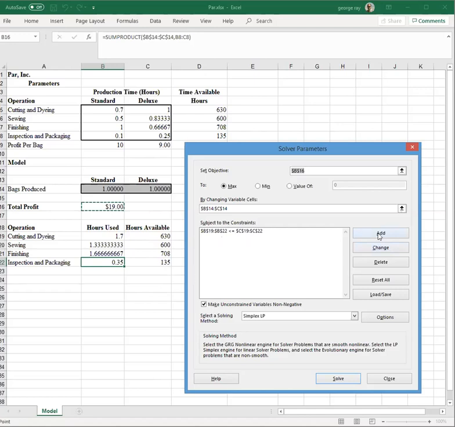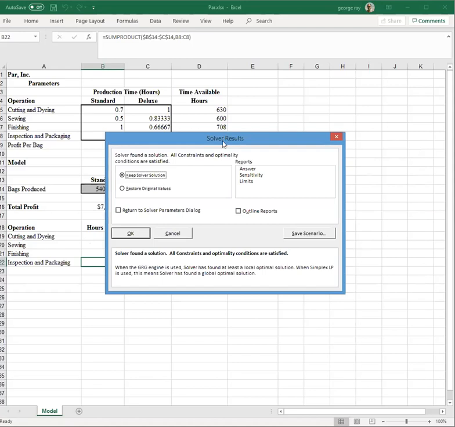So we can put in an Add, and then we put in the cell range that we're interested in, the relational operator, and then the limits for that particular constraint. When we've done that, we come down and we select our algorithm. In this case, we'll use the simplex algorithm. Once that's accomplished, we can click Solve.